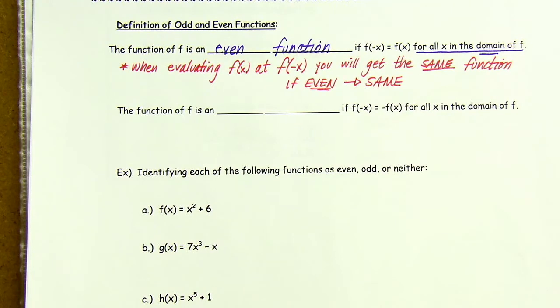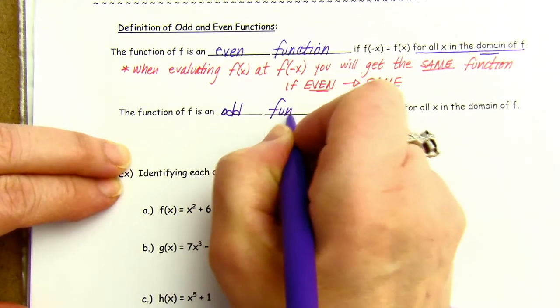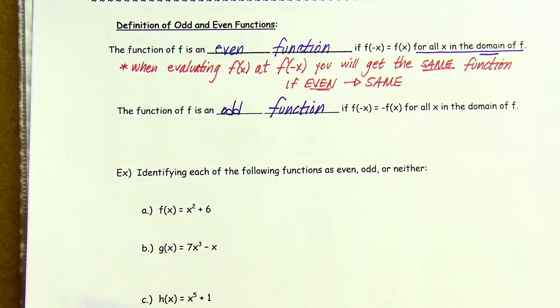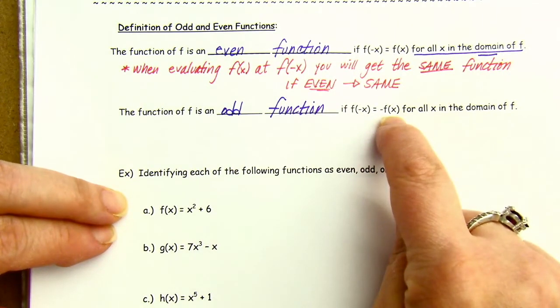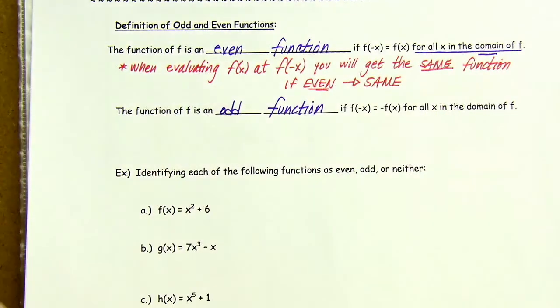The function of f is an odd function if f of the opposite of x equals the opposite of f of x for all x in the domain of f. Let me underline that in purple.